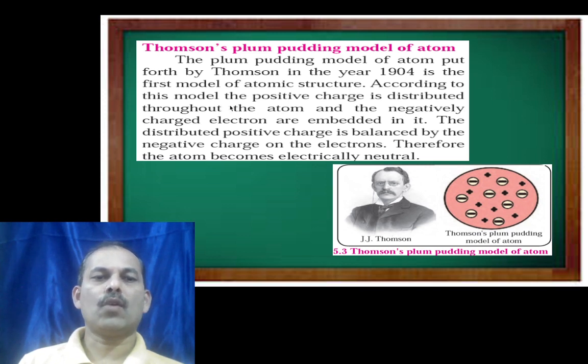According to this model, the positive charge is distributed throughout the atom and the negatively charged electrons are embedded in it. The distributed positive charge is balanced by the negative charge on the electrons. Therefore, the atom becomes electrically neutral. This is the Thomson plum pudding model of atom.